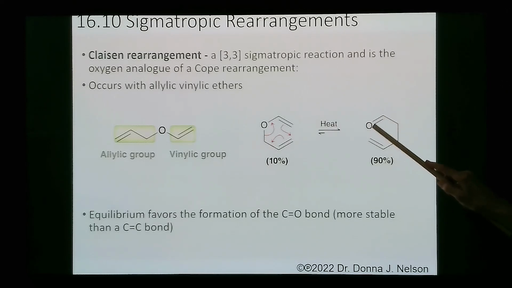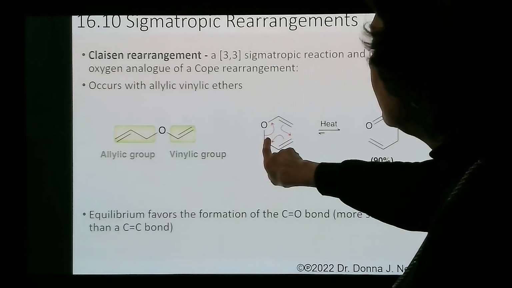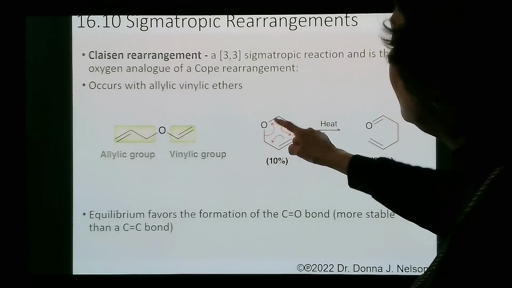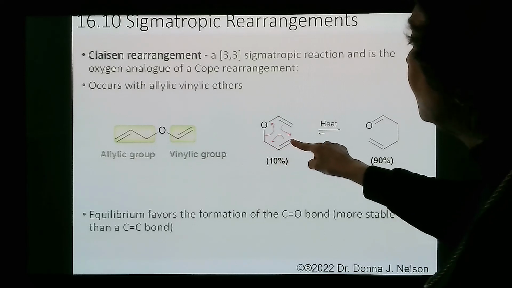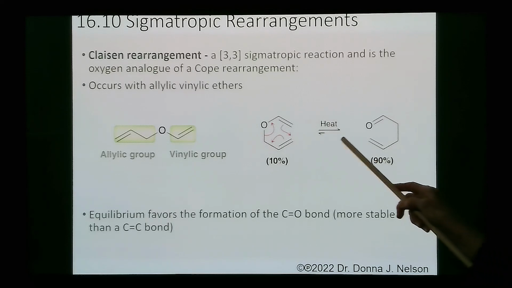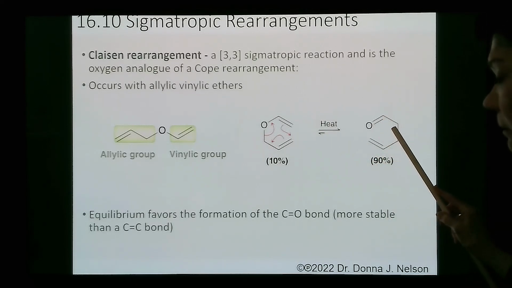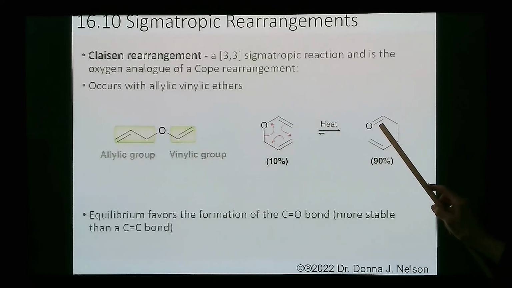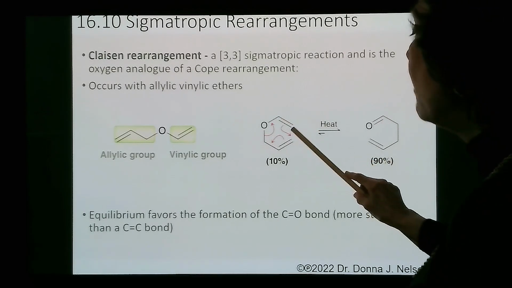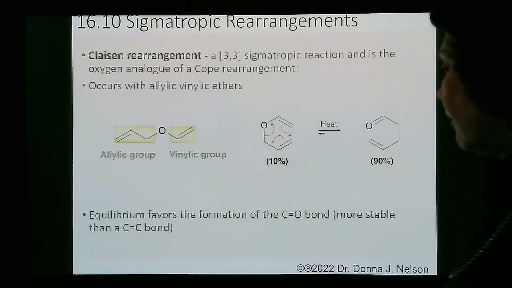So this is an aldehyde. You can see the CO, the carbonyl, which has formed. So here is the carbon-oxygen bond, which is migrating down the two pi systems to the terminus of the two pi systems. And so remember, this is, again, an equilibrium. And so the carbon-oxygen bond, the carbonyl, is more stabilized than a carbon-carbon pi bond. And so this product is favored.